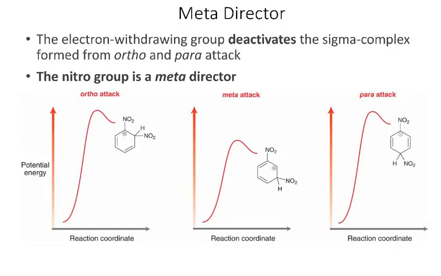And just like last time, if we were to draw the reaction energy diagrams for the formation of the sigma complexes, the ortho and para transition states and the sigma complexes are destabilized relative to the meta attack, and so the meta is the preferred product. So in general, activating groups are ortho-para directors, and deactivating groups are meta directors.